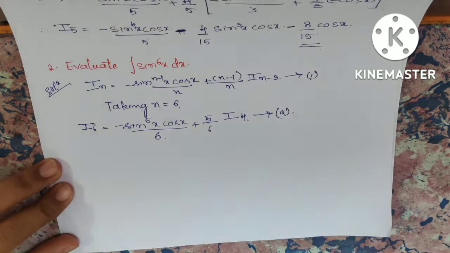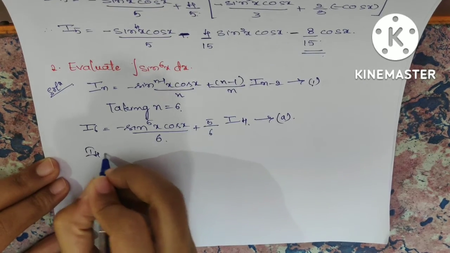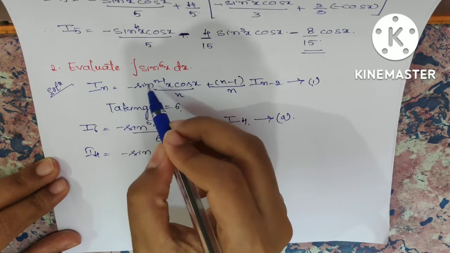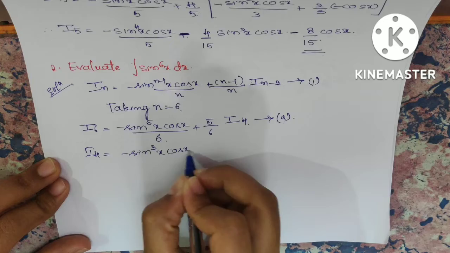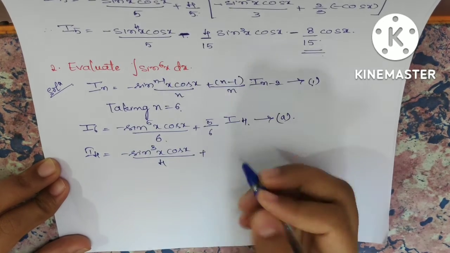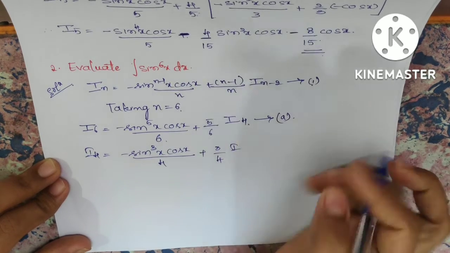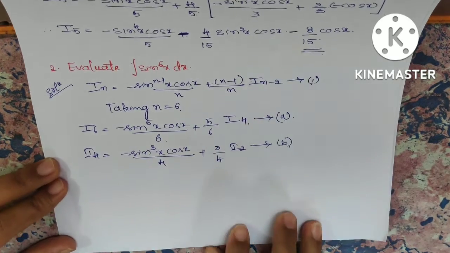Let it be equation A. Now we have to find out I4 here. So I4 equals minus sin power 4 minus 1 is 3, x cos x divided by n is 4, plus 4 minus 1 is 3 by 4 I 4 minus 2 is 2. Let it be equation B.